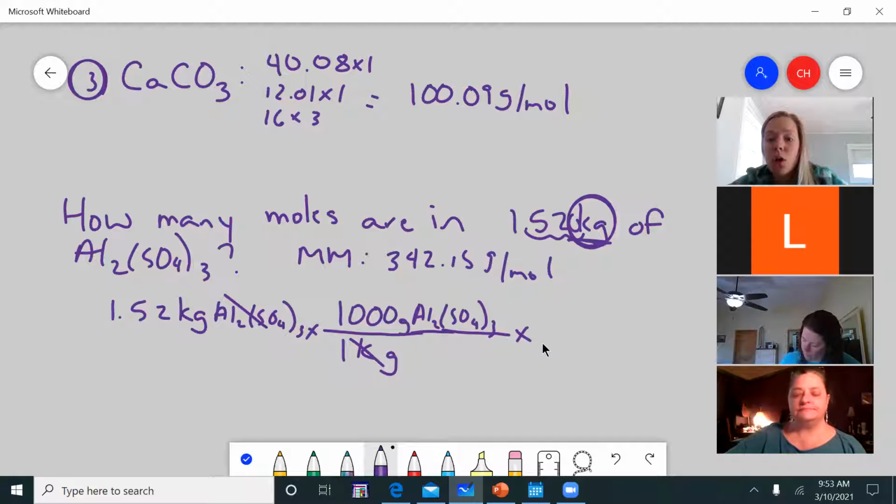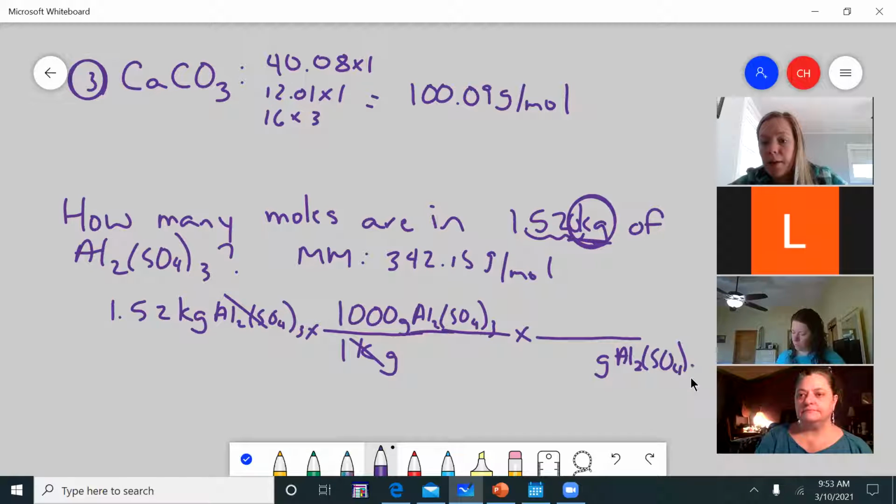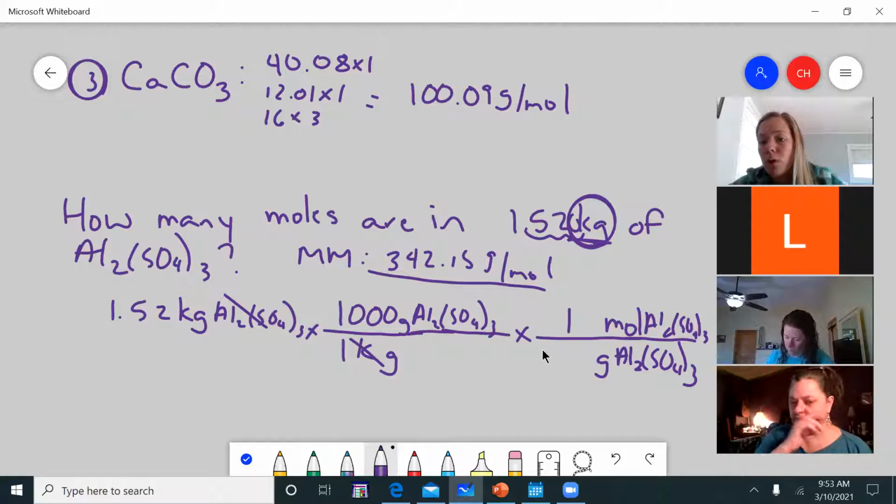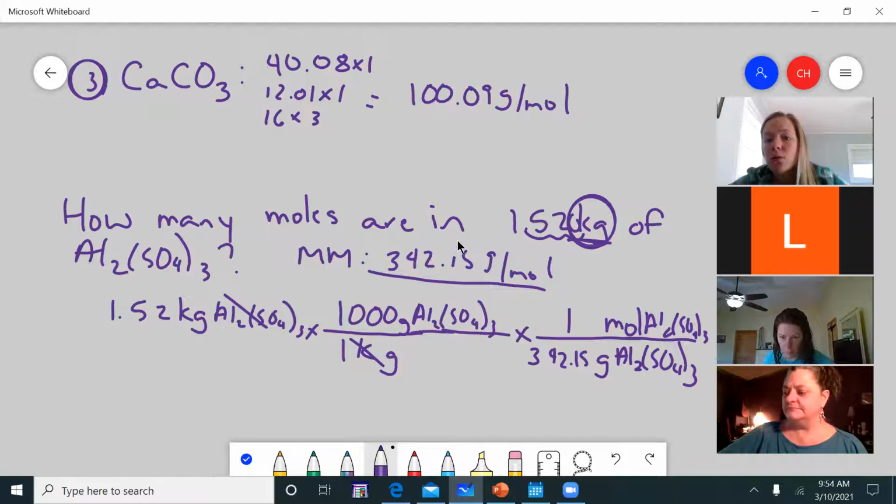Now we need to go into the next step, which says, how many moles do we have? If gram is on the top here, I want to get rid of gram. So I'm going to put grams of Al2(SO4)3 on the bottom, and moles of Al2(SO4)3 on the top. What is the relationship between these two? It's the molar mass. For every 1 mole of this compound, I get 342.15 grams. The number always goes with the gram, and will always be grouped together.